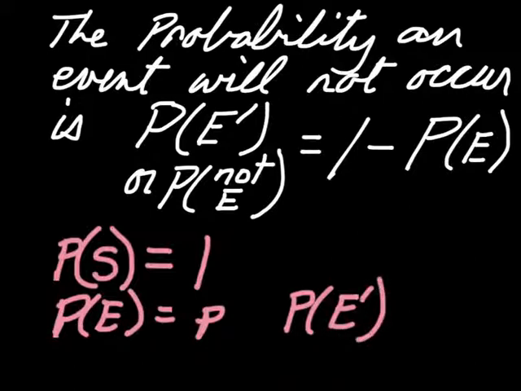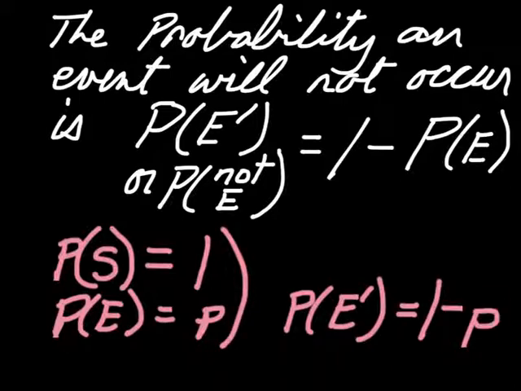Well, since the complement is everything not in the event E, the probability of the complement has to be everything in the sample space that's not in E. So how do we figure that out from these two numbers? That's why we take 1 minus the probability of the event.